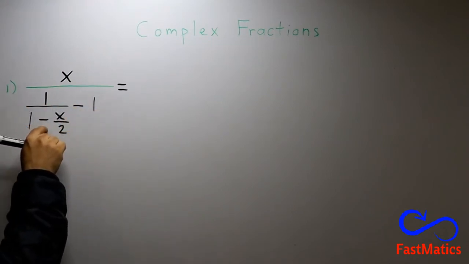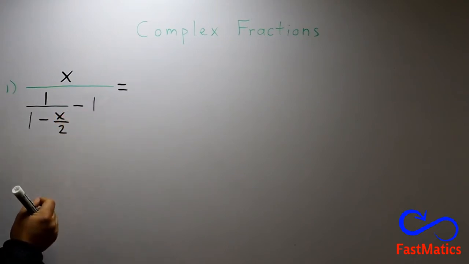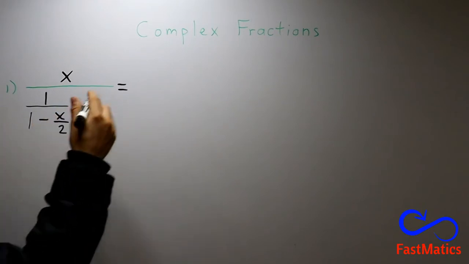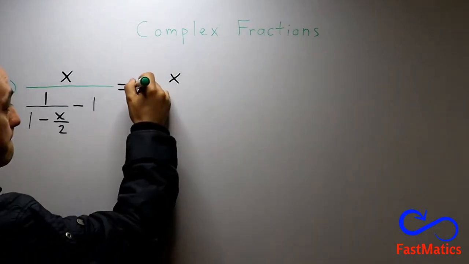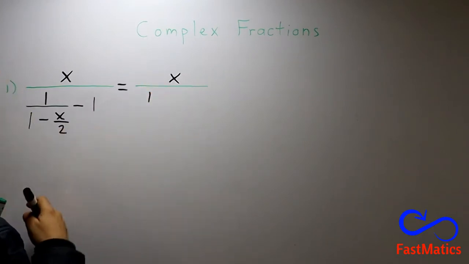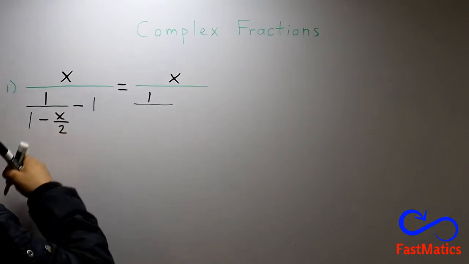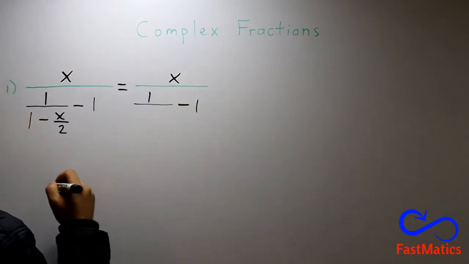1 minus x over 2. You begin with the simplest fraction. Let's start. So you write the x fraction line. After that, 1 over something that you are going to solve, and after that, minus 1.